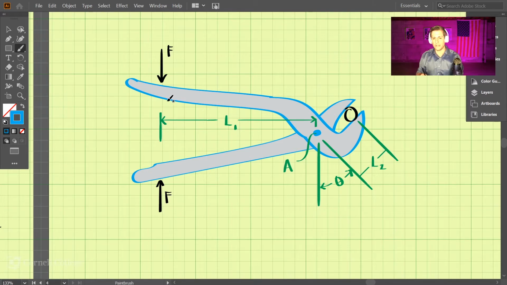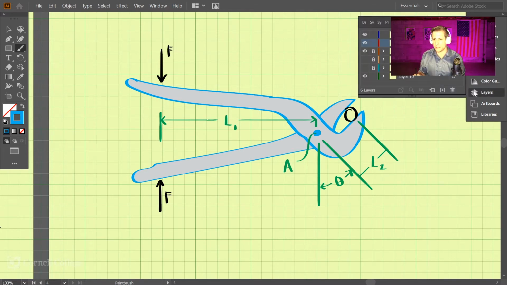Well, first off, it's a good idea to break this into pieces. All right, so break it into two pieces. So we'll take off this jaw, and we'll take off this jaw and analyze those separately. All right, so I have that already laid out.